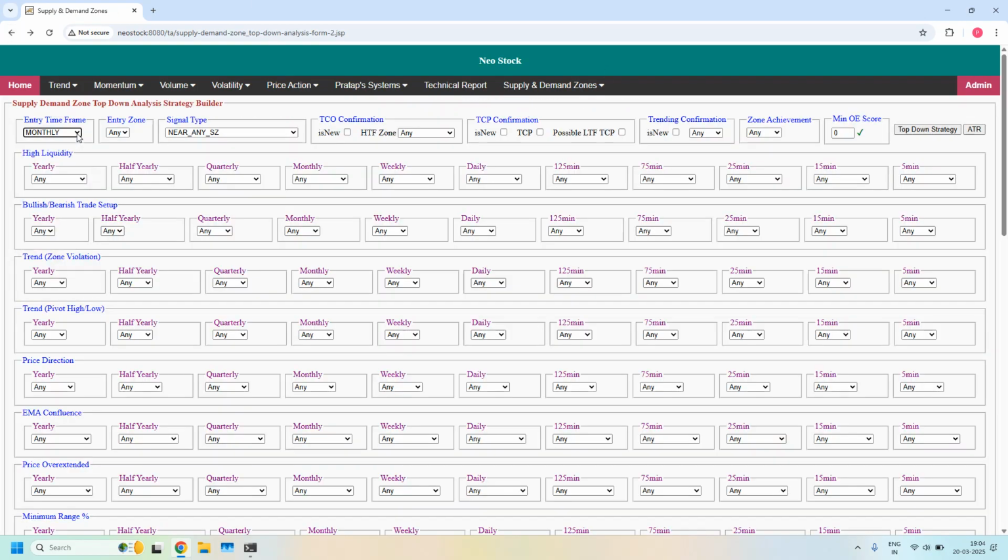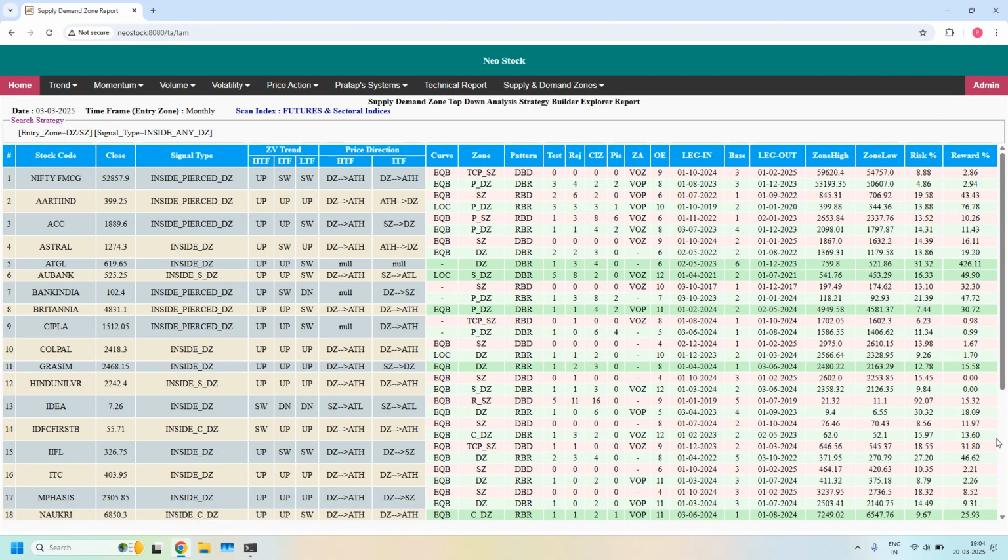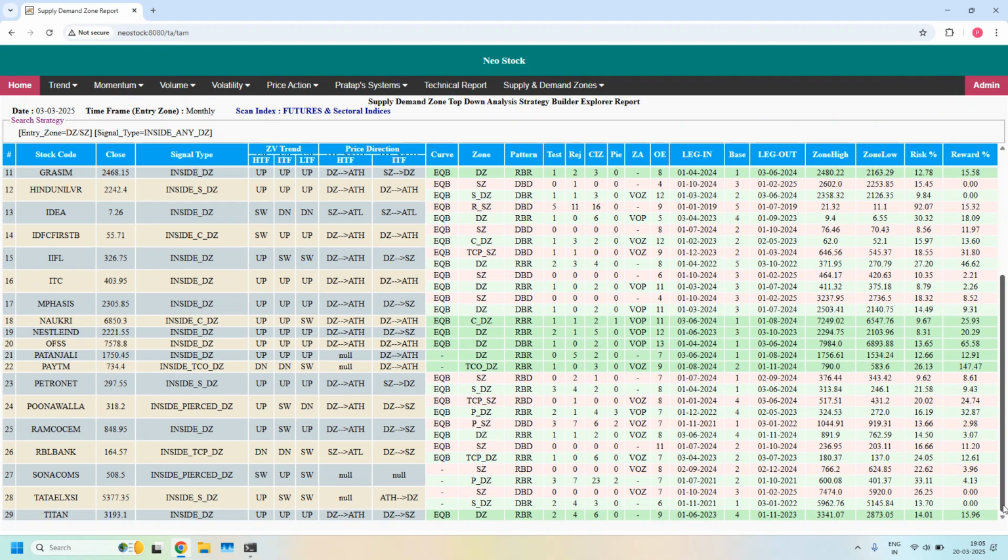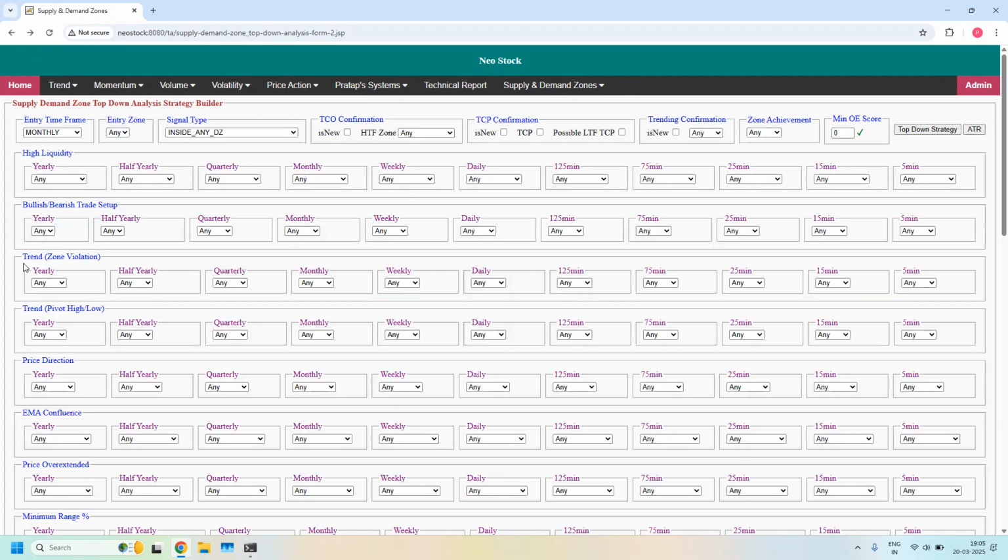Next, monthly time frame, price closed inside the monthly demand zone. First 18 stocks in the list. Scrolling the list down, so total 29 stocks. We can further filter this list based on the monthly demand zone having monthly EMA Confluence.